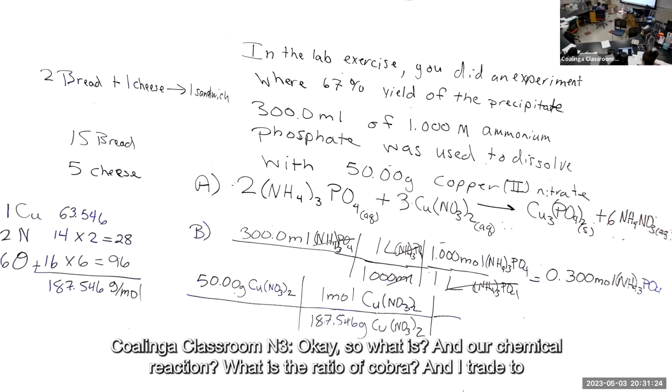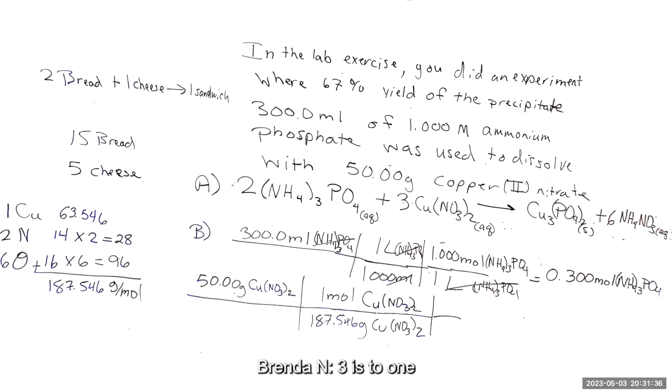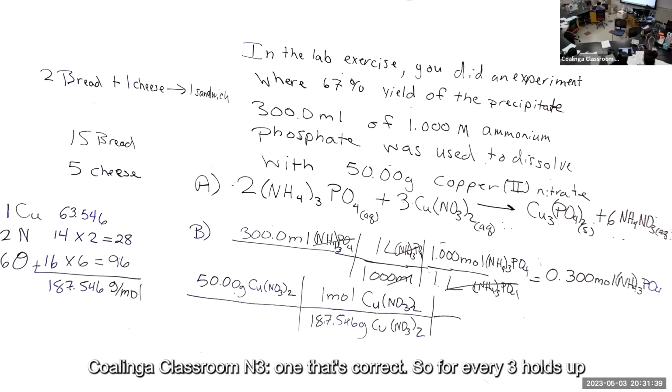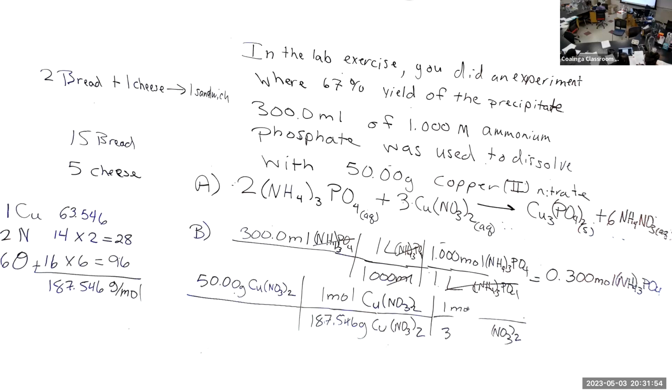What is the ratio in our chemical reaction of copper nitrate to copper phosphate? 3:1, that's correct. For every 3 moles of copper 2 nitrate, we have 1 mole of copper 2 phosphate.